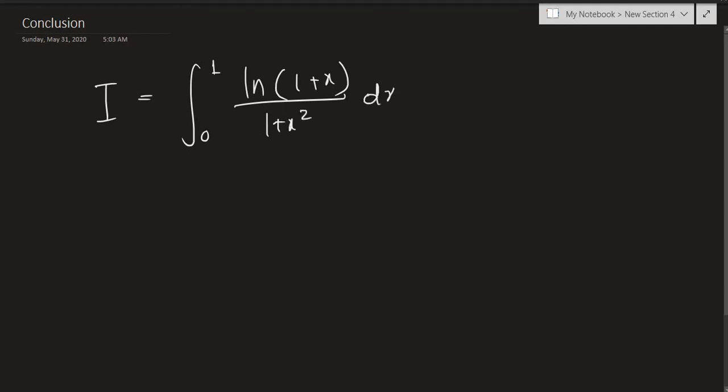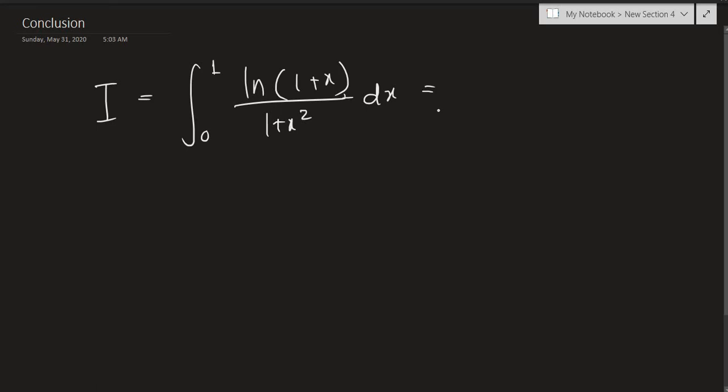So as a formality, here I defined I as integral from 0 to 1 of the natural log of 1 plus x divided by 1 plus x squared dx, and we chose a right parameter before using Leibniz rule.